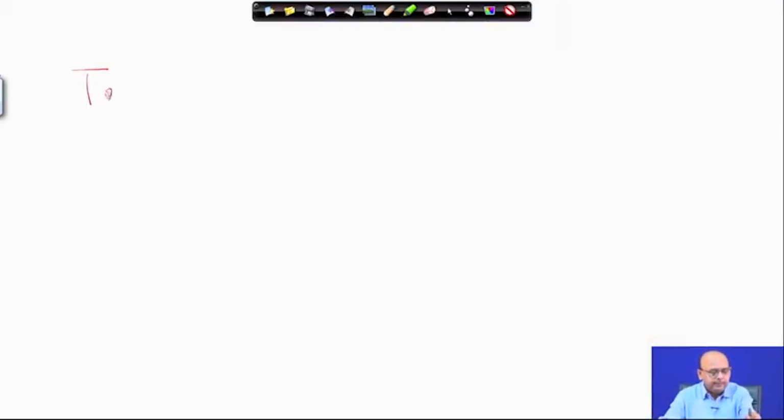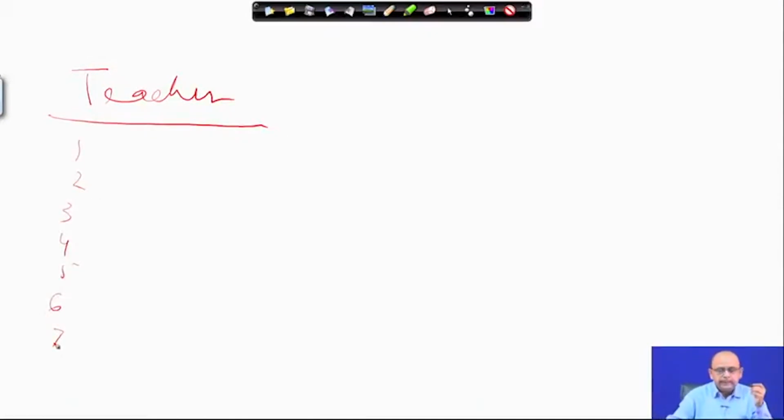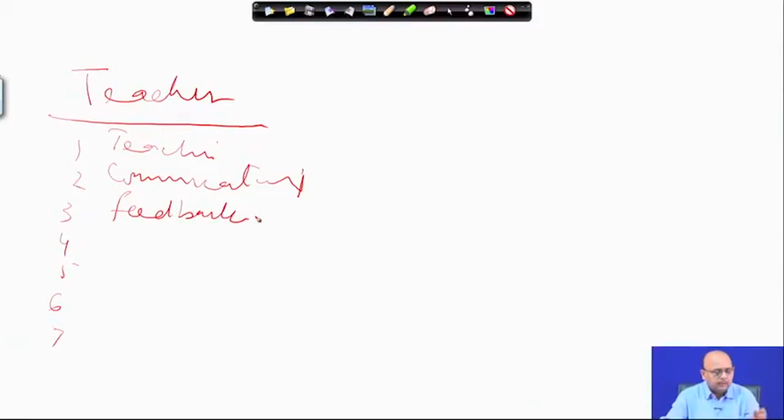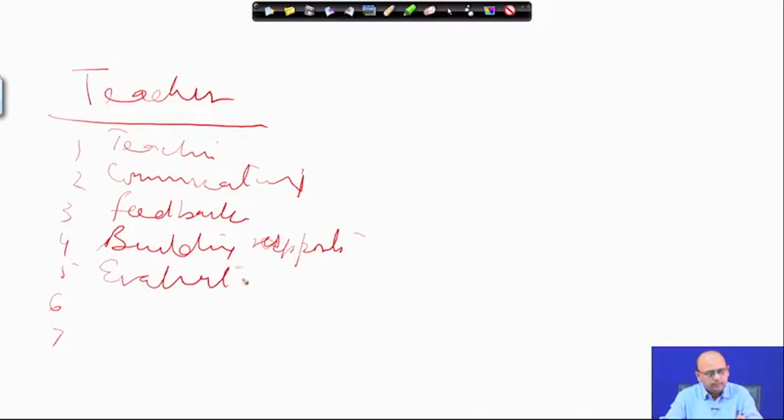Say a teacher, a professor, he is going to engage in certain behaviors, right: teaching, communicating, giving feedback to the students, building a relationship with the students, what we call rapport, right, evaluating, taking exams, right.